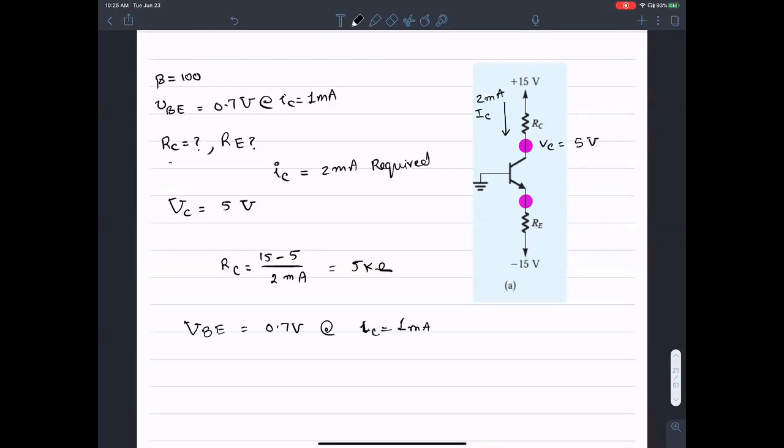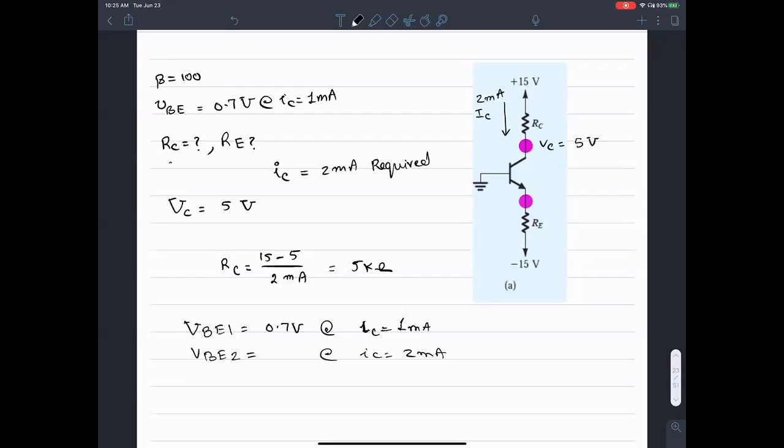Okay, it's going to be slightly different, VBE1. VBE is not going to be 0.7 volts at IC equals 2 milliamperes. It's going to be slightly different, right? So how do you find VBE from this information?